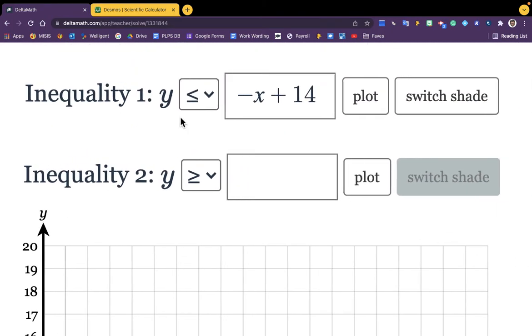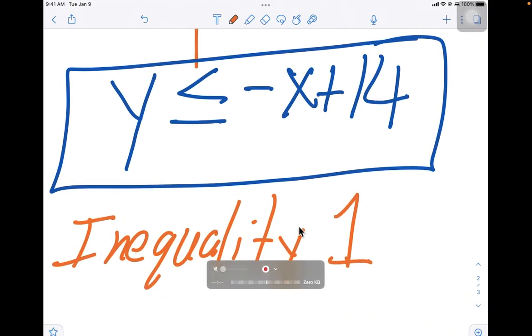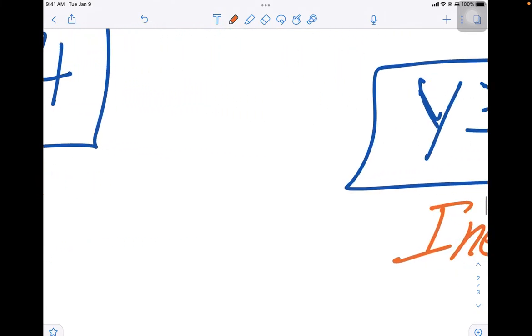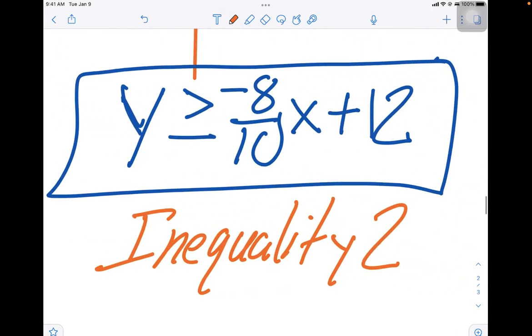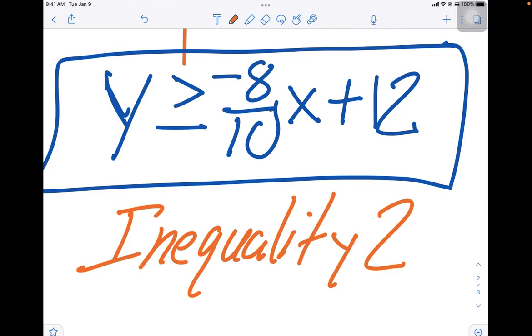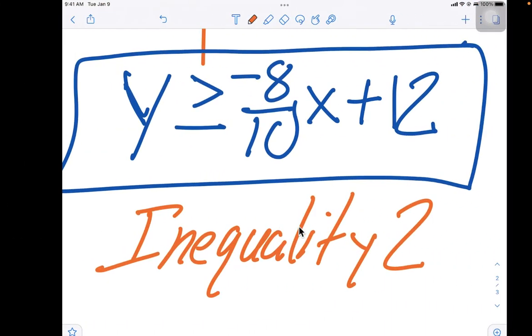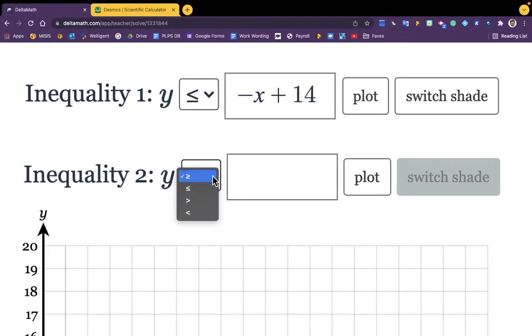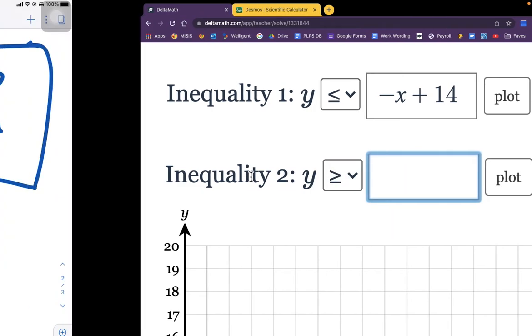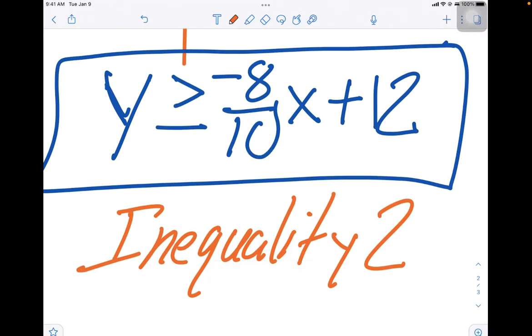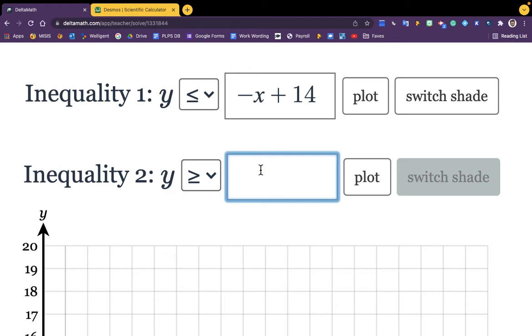Now I need to graph my inequality 2. So I'm going to go back here, and I need to find my inequality 2, which is right there. Y is greater than negative 8 over 10x.